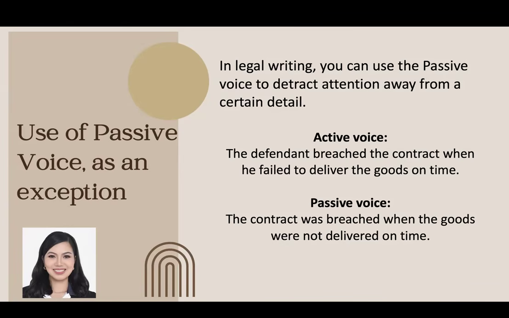However, if you want to detract attention away from that act of the defendant, from that breach of contract, you may use passive voice. "The contract was breached when the goods were not delivered on time." Okay, now the focus here is the breaching of the contract. However, the defendant was not mentioned. Okay, so that is one of the ways to de-emphasize the actor's act.